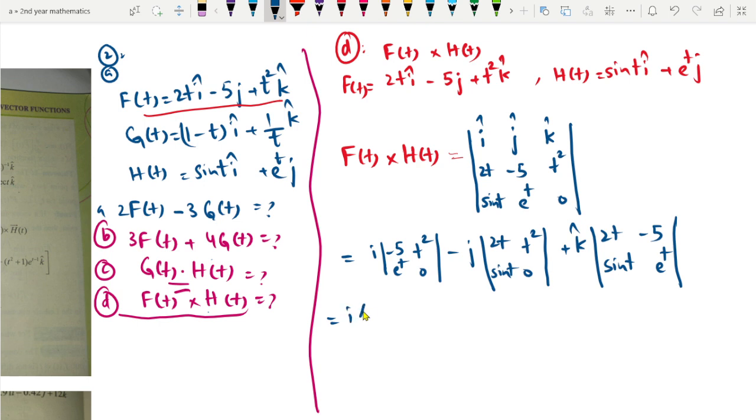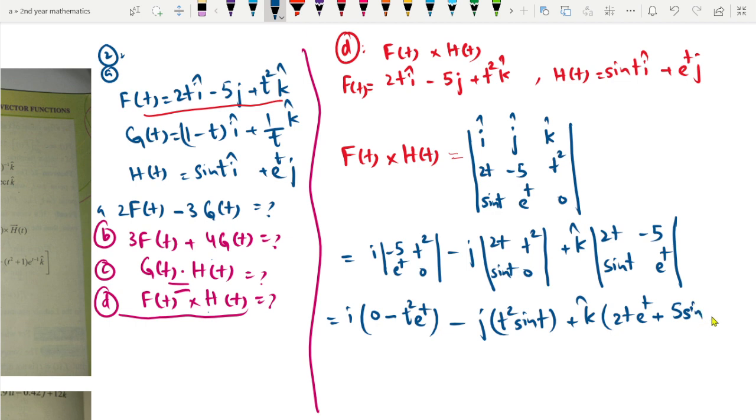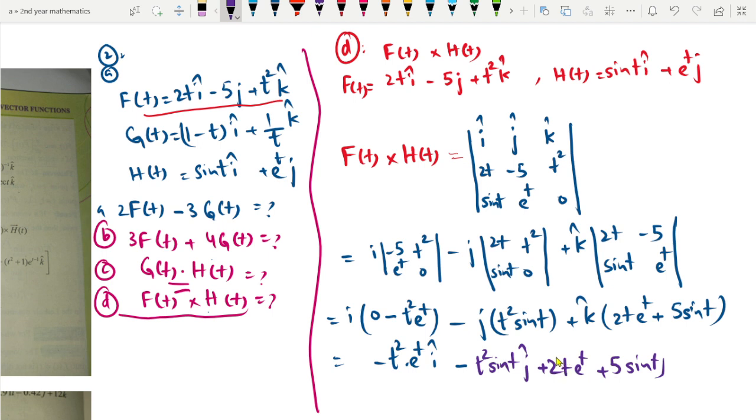So this will become minus t square e of t in i, minus, sorry, plus t square sine of t j, plus 2t e power t plus 5 sine of t into k.